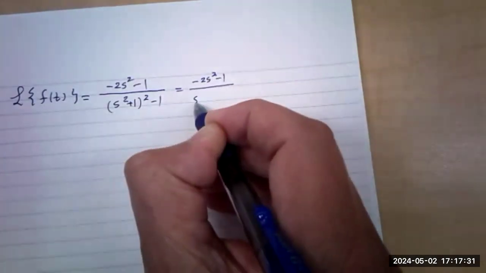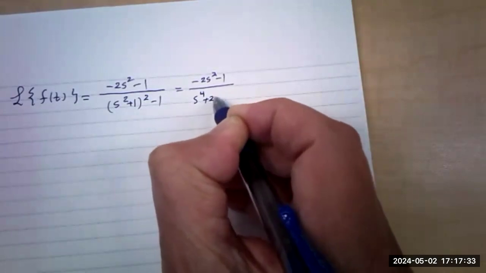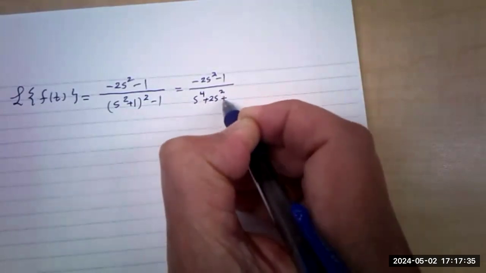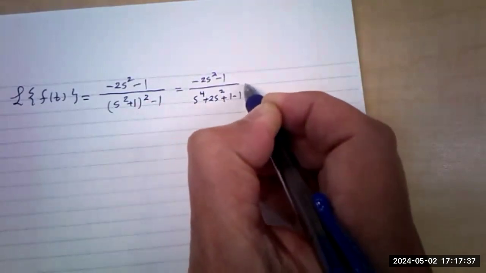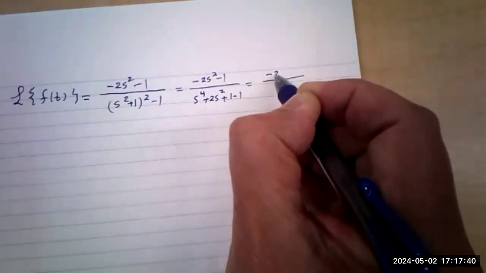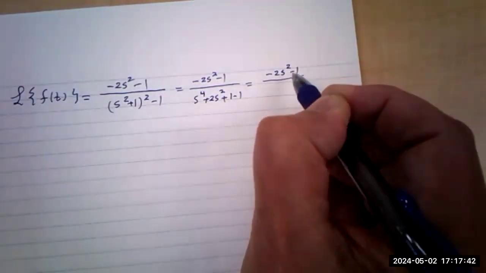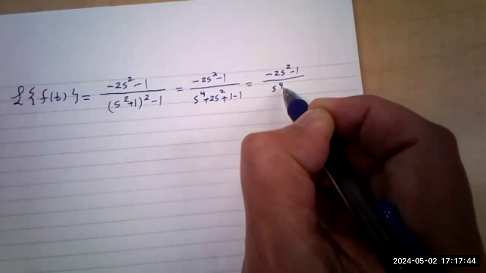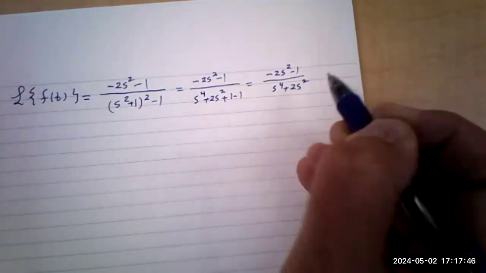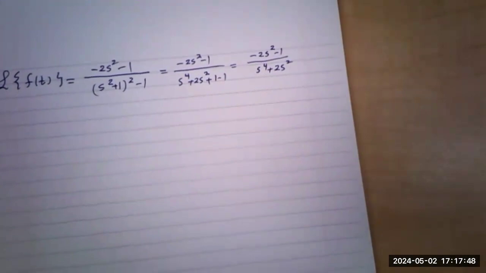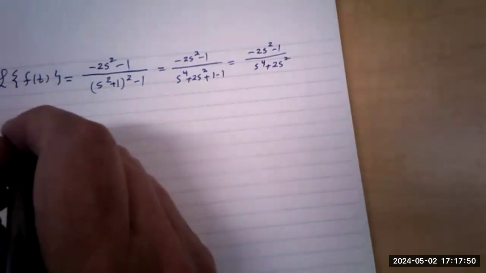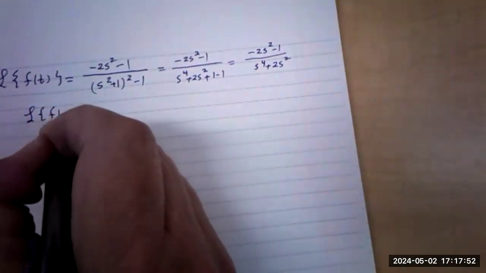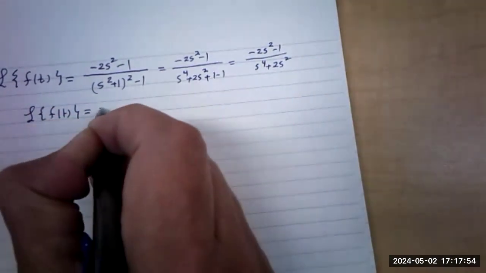If you multiply that, it gives you s to the 4th plus 2s squared plus 1 minus 1. That would be helpful. We get s to the 4th plus 2s squared. You can pull out the s squared as a factor, and that gives you the hint of how we're going to find the Laplace inverse.